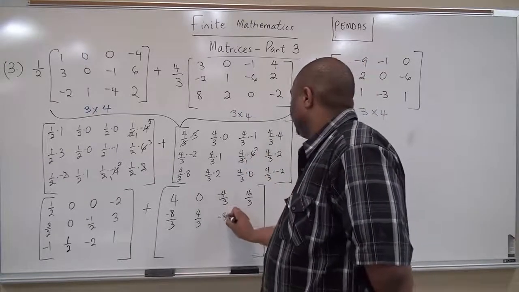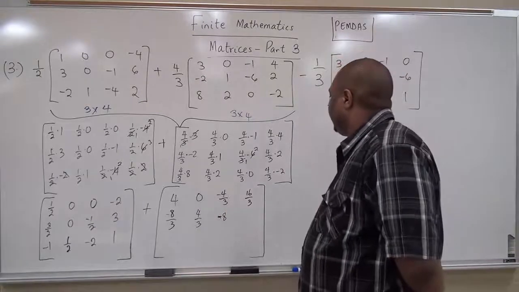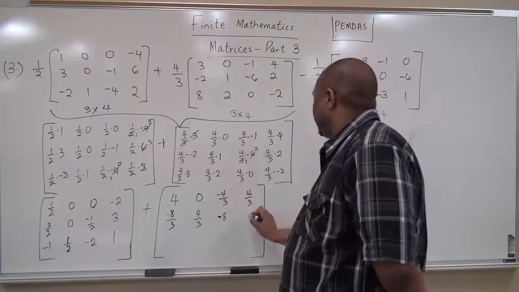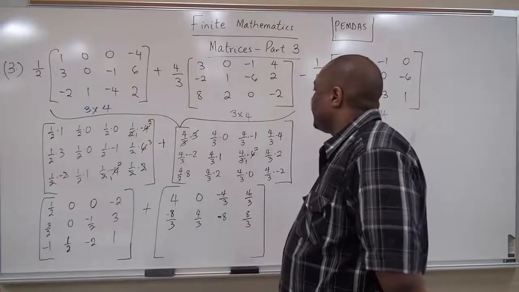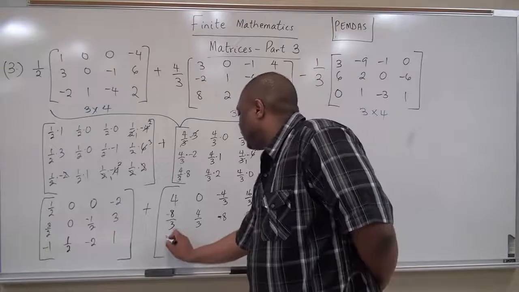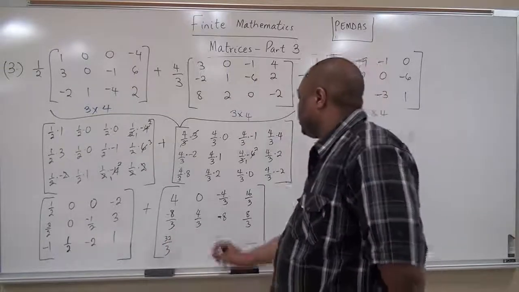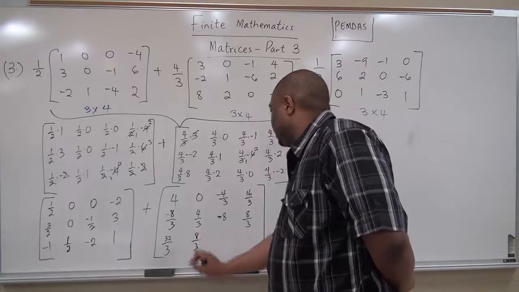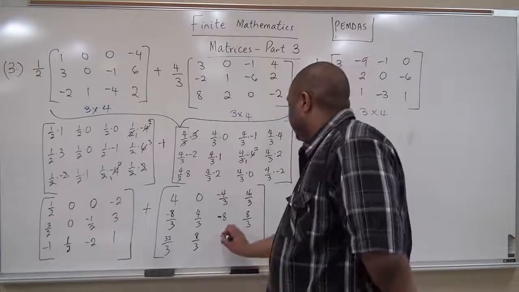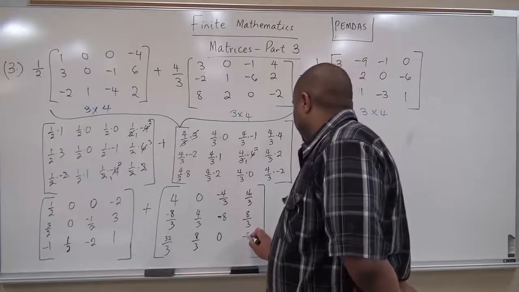This will give us -8. 4/3 times 2 is 8/3. 4/3 times 8 is 32/3. 4/3 times 2 is 8/3. 4/3 times 0 is 0. 4/3 times -2 is -8/3.